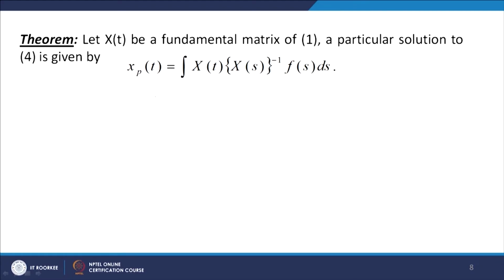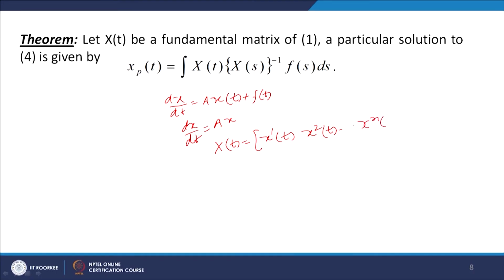Let us recall we have the system dx by dt equal to a x t plus f t. So, this theorem tells us a particular solution x p t can be found once you know a fundamental matrix of the homogeneous system dx by dt equal to a x, that is X t equal to x 1 t, x 2 t and so on x n t.